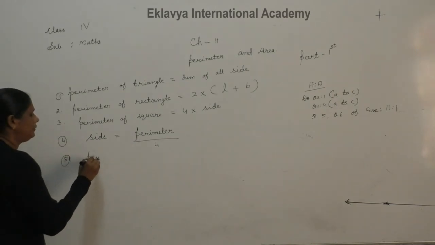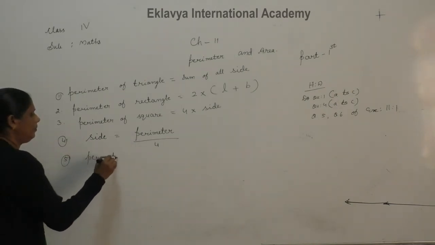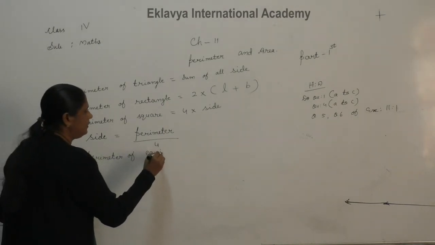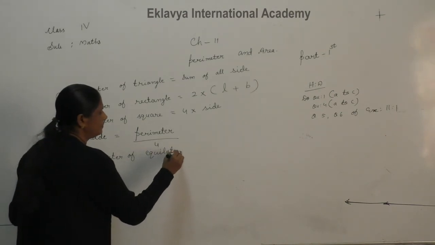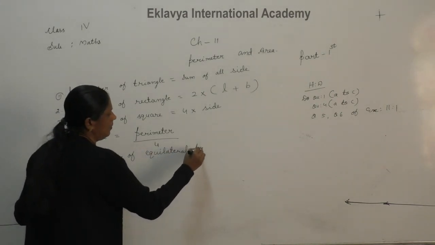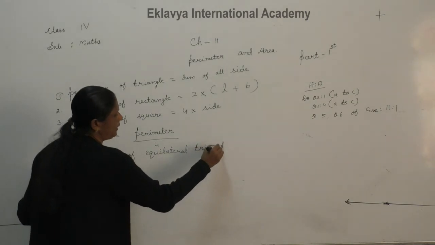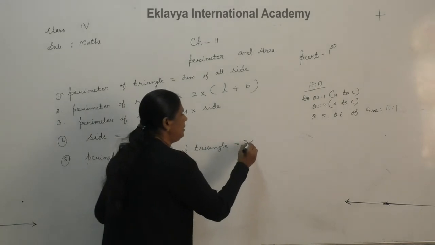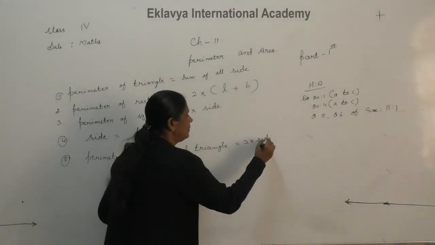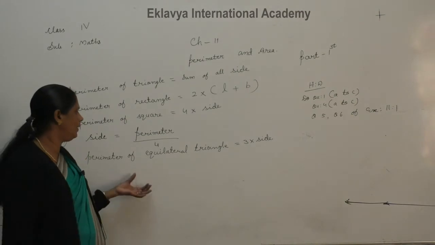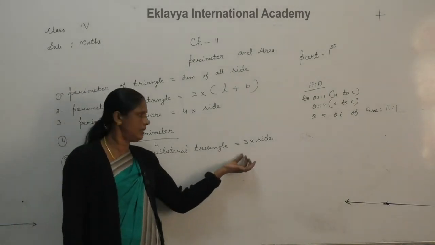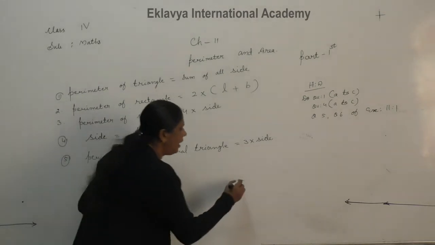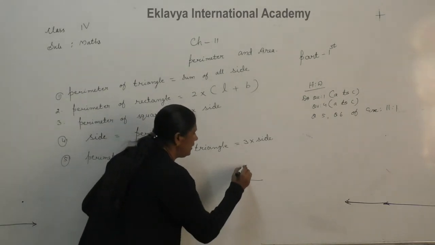Next, perimeter of equilateral triangle. Perimeter of equilateral triangle is equal to 3 into side. All sides are equal.